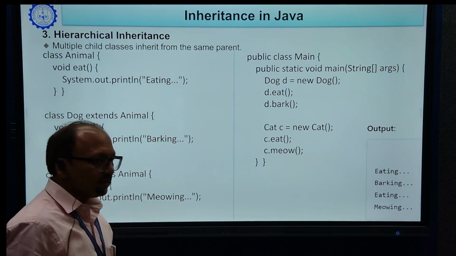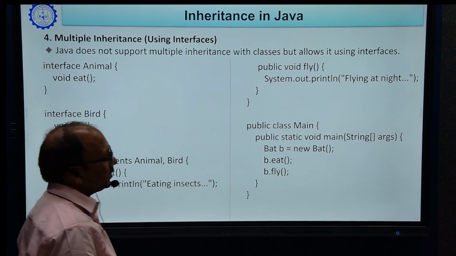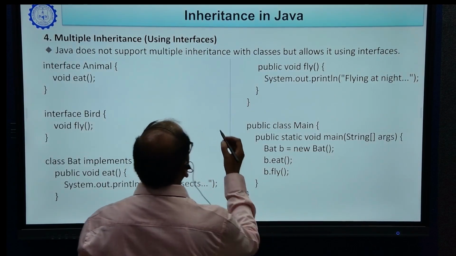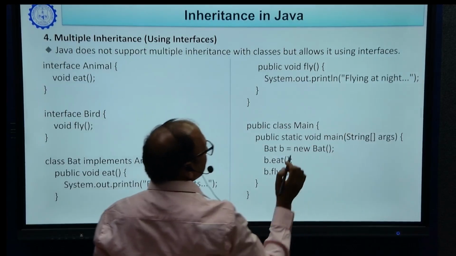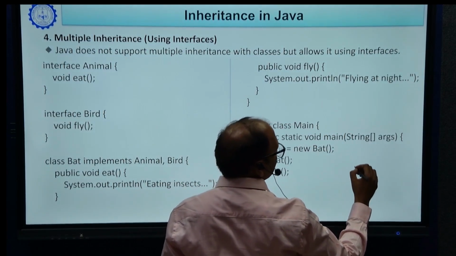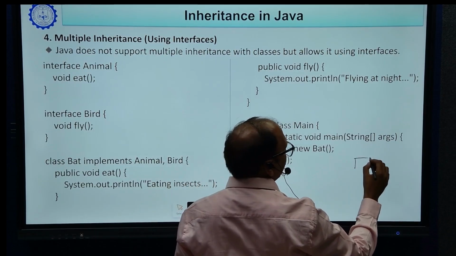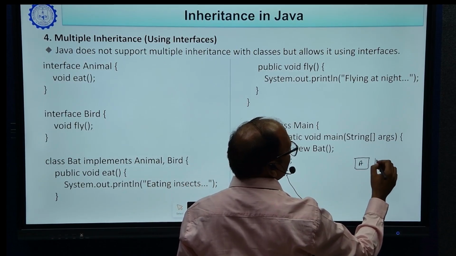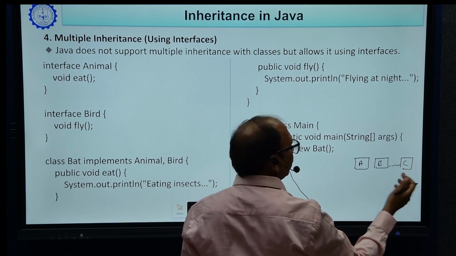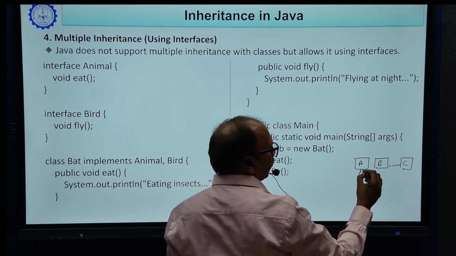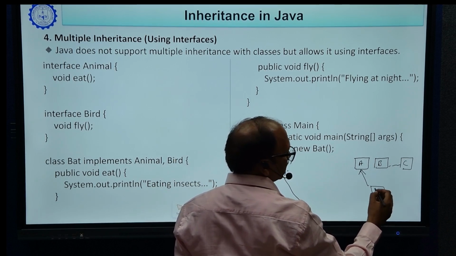Now next is the multiple inheritance. So multiple inheritance means more than one parent class will be there. Now we have a class A and another class B, and many more classes are there, meaning two or more parents will be there for a common child class.